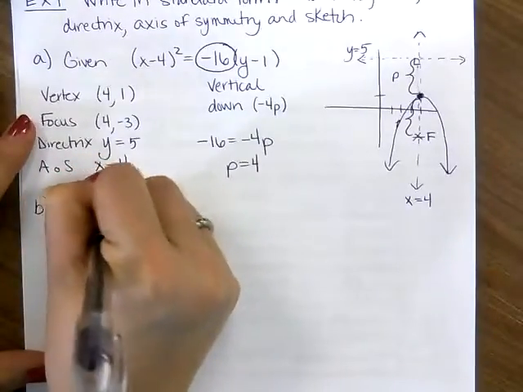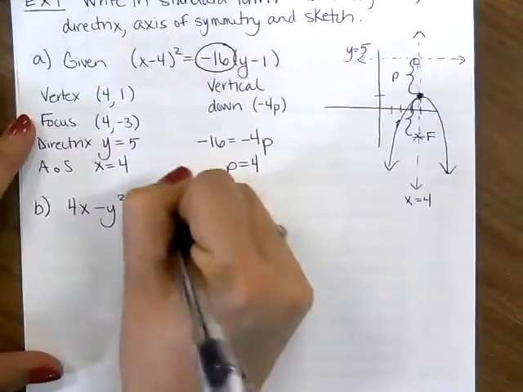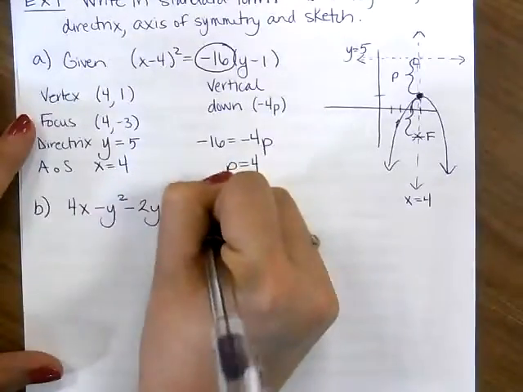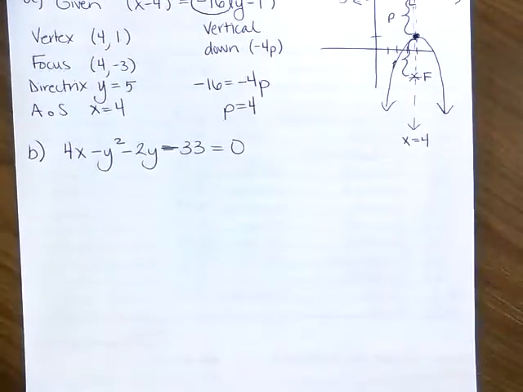So 4x minus y squared minus 2y minus 33 equals 0. Okay, now the first thing we're going to do is decide whether this is vertical or horizontal. We're going to decide which term is our squared term.